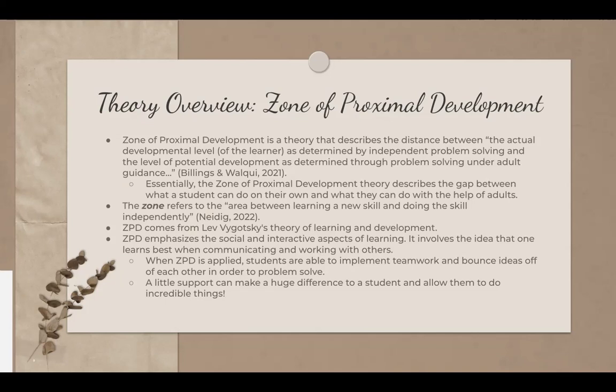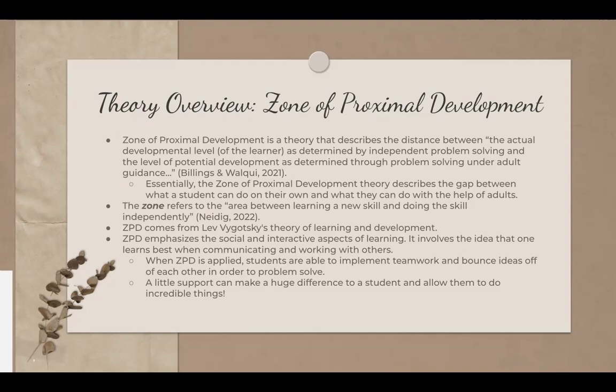There's a gap between when you are introduced to the content and when you have that time to work on it on your own, solving practice problems or practicing writing stuff down. In that time, you have to learn something and interact with the material. A great way to do that is by communicating and working with others. Of course, that can be with your teacher, but another great way is with your peers.